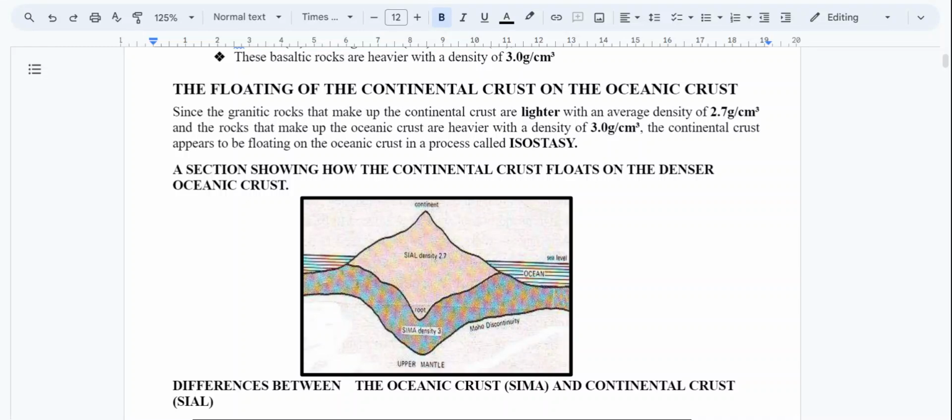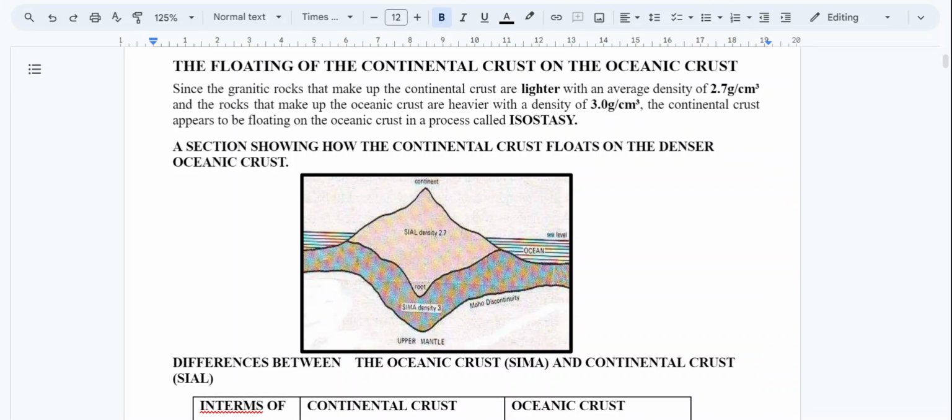Now, the continental crust floats on the oceanic crust. We should understand that the continent is floating. Since the granite rocks that make up the continental crust are lighter, and the oceanic crust has heavier rocks, the continental crust appears to float on the oceanic crust.